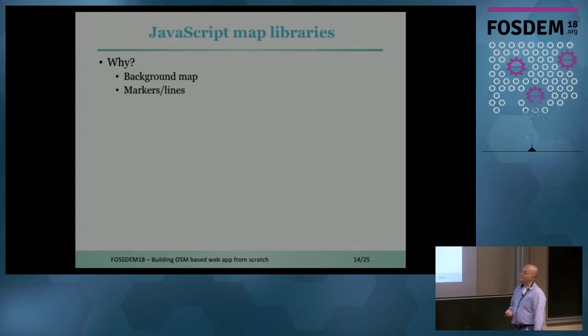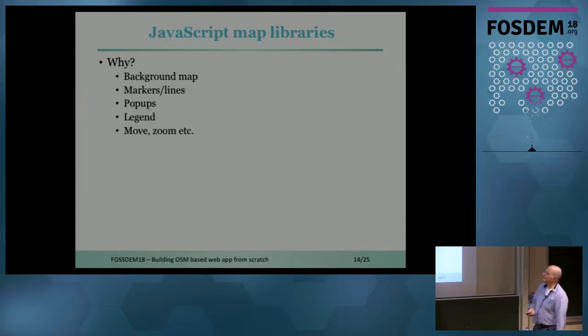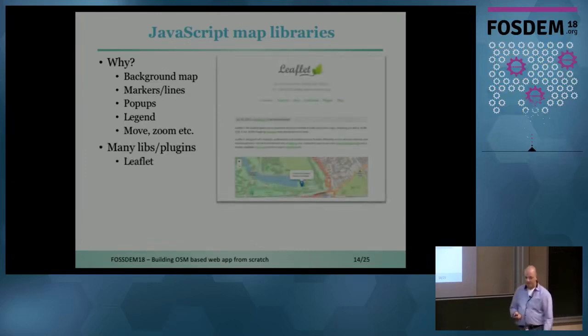And afterwards you have to draw markers, lines, maybe pop-ups, a legend, and make the map movable, zoomable, and all that stuff. And for all these things, luckily, some libraries exist, and you don't have to do it yourself.